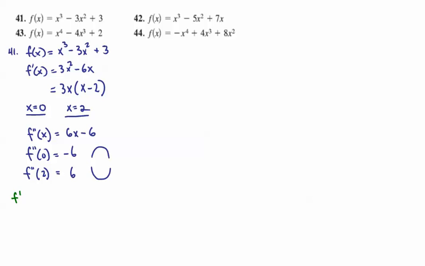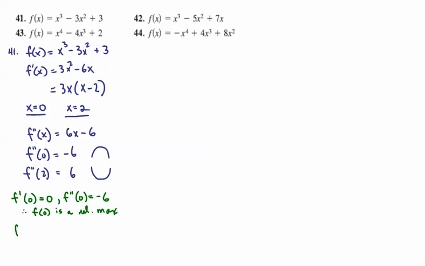F prime of 0 equals 0. F prime prime of 0 equals negative 6. Therefore, f of 0 is a relative max.